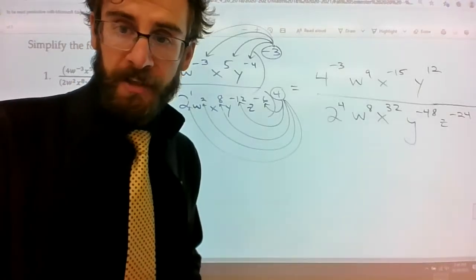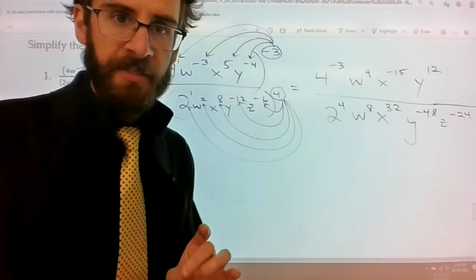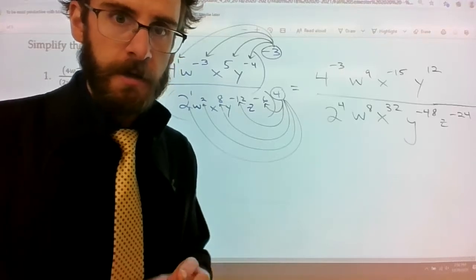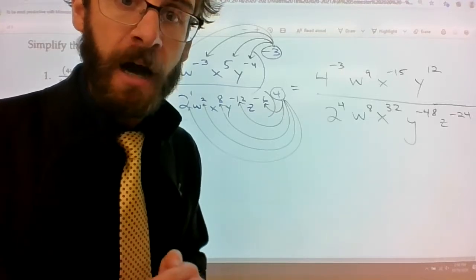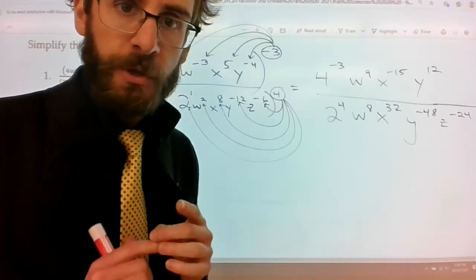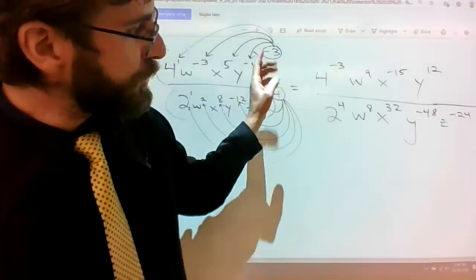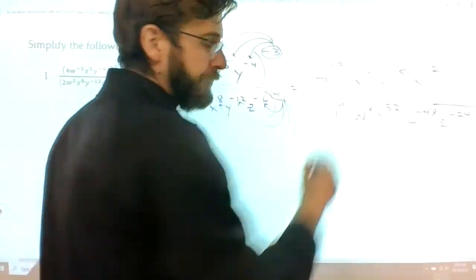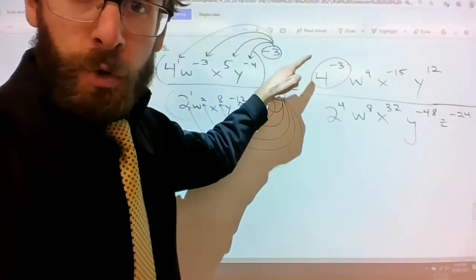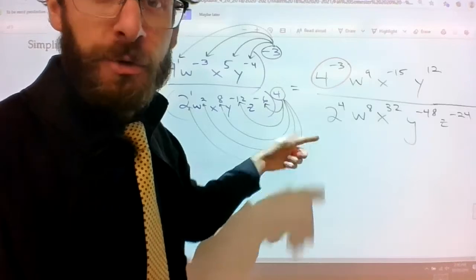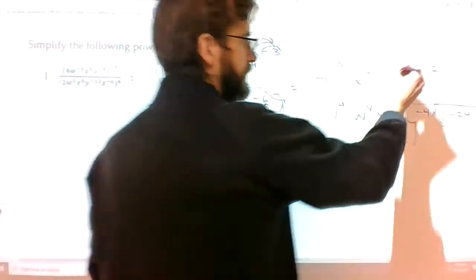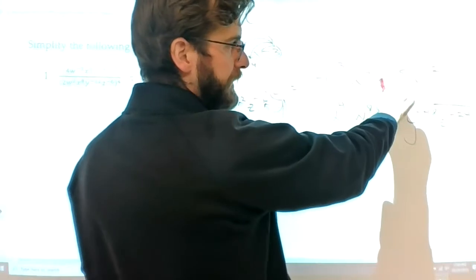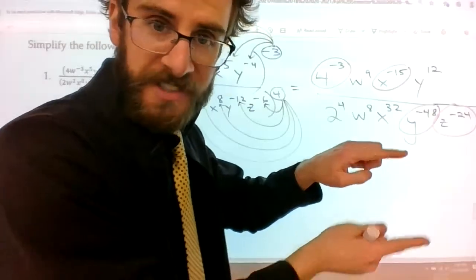Now, before you do anything else, you need to understand that negative exponents don't really make sense until they become positive exponents. So what we do is we move the negative exponents to the opposite part of the fraction. So this 4 to the negative 3 power, if moved to the bottom, you get 4 to the positive 3. This will now be positive 15 down here. And the same goes for the negative exponents in the denominator.